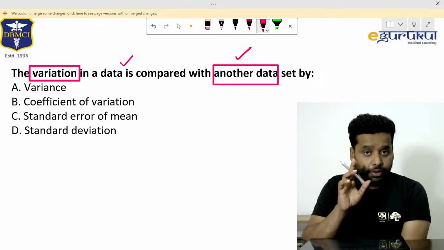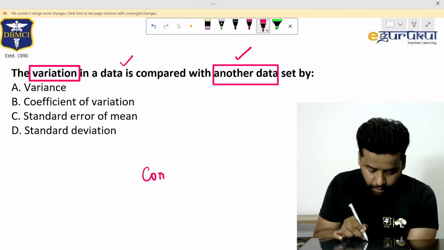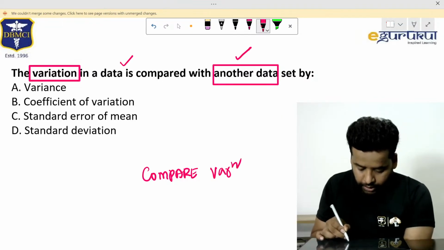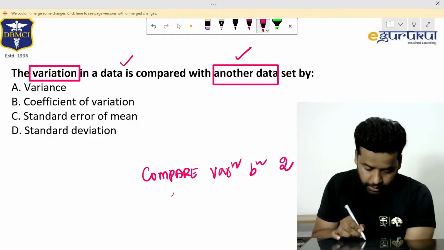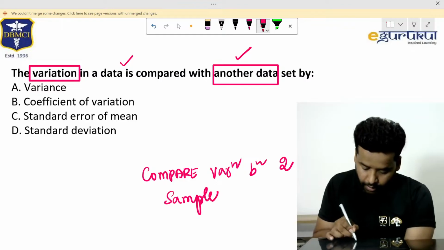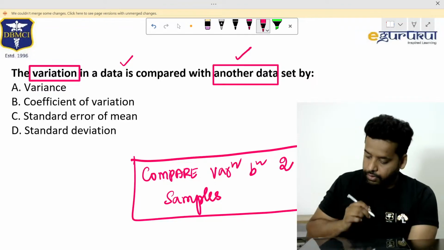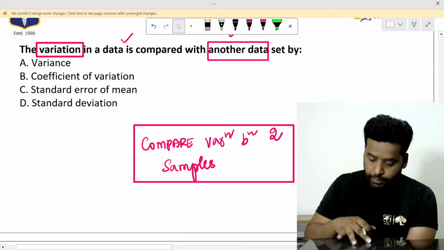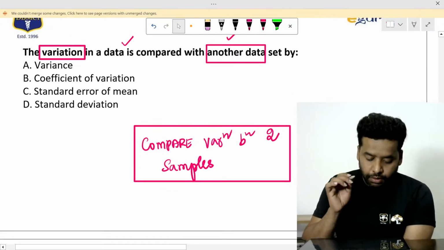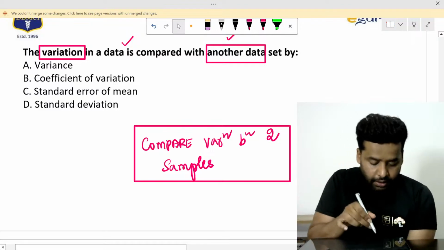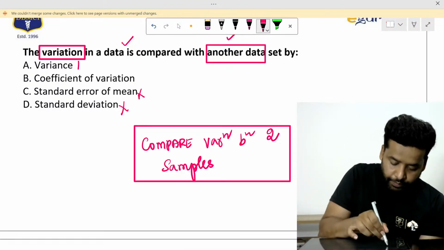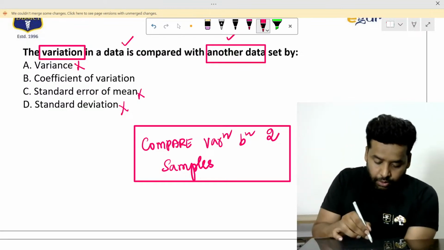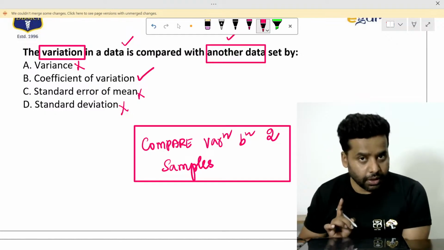When you want to compare variation of data between two samples, so what is your answer? It should be a unitless dimension. It should always be a unitless dimension. So what is your answer? Coefficient of variation. Remember the words properly.